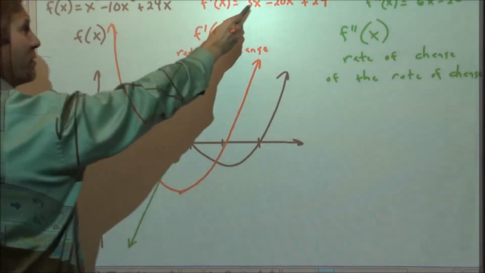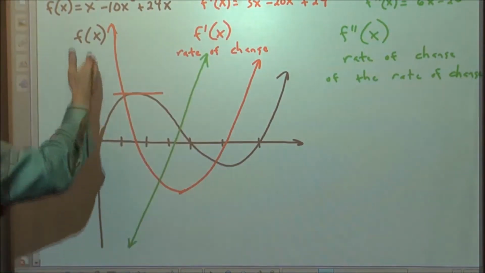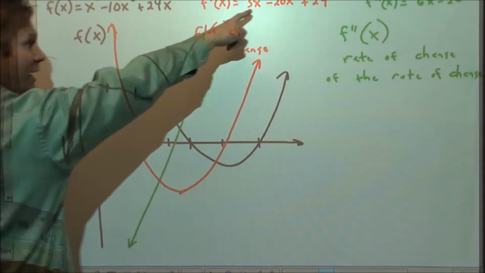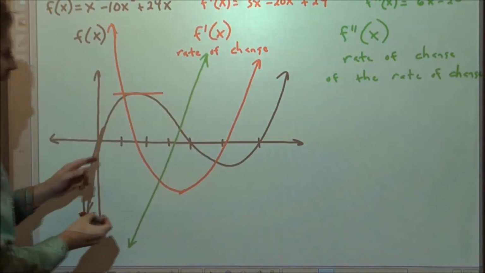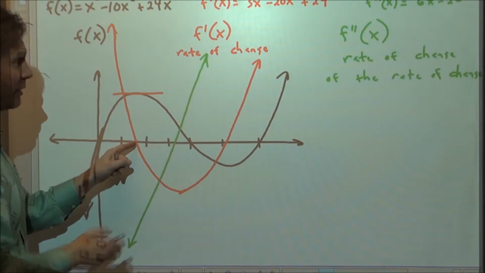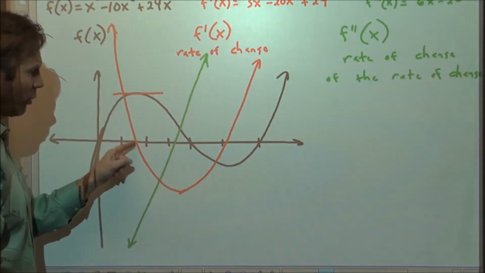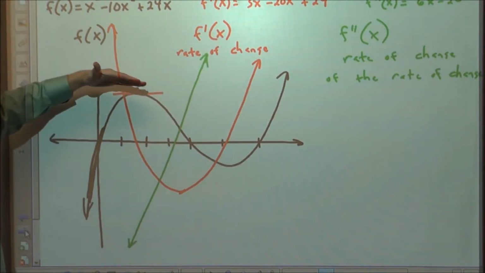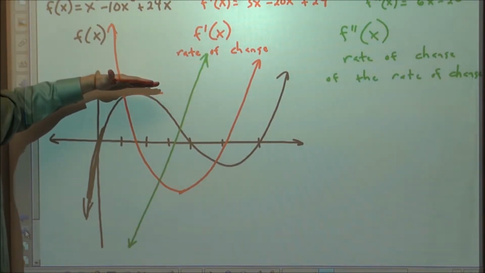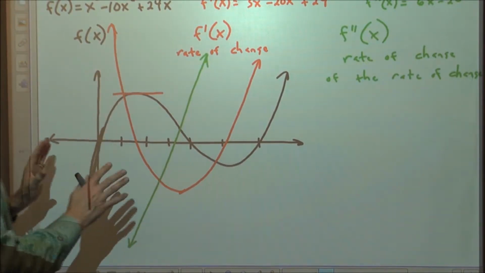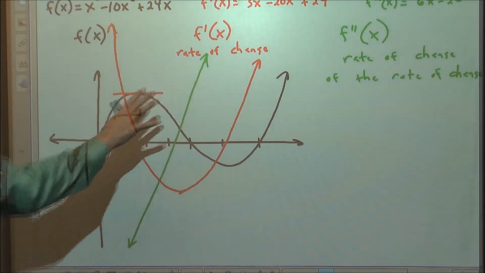That's why this first derivative function, it's a parabola, a second degree polynomial, hits 0. The value of the first derivative will be 0 right there when the tangent line to the original function has a slope of 0.